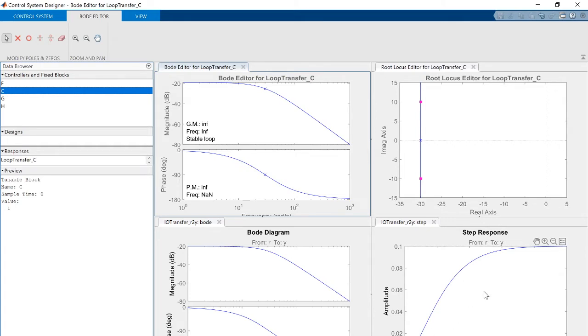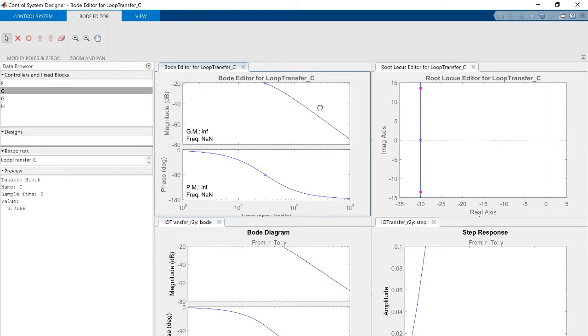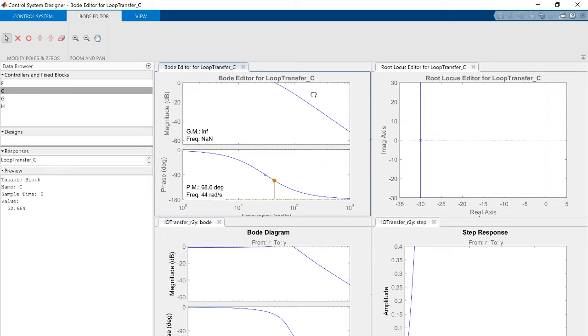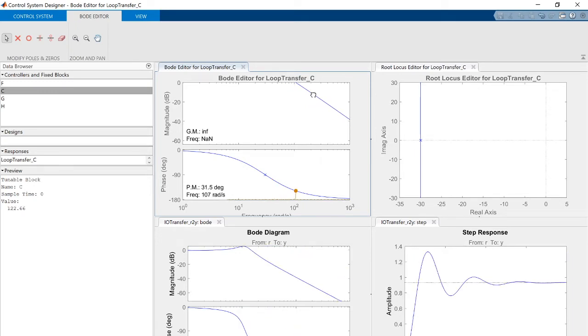We're just a little bit into the complex plane, probably getting a little bit of overshoot, not showing up too much there. As we start increasing the gain, start lifting this up, of course we start moving those poles further into the complex plane and getting a little bit more overshoot, and we're quickening it up, getting it faster, but very quickly we start picking up some pretty significant overshoot.